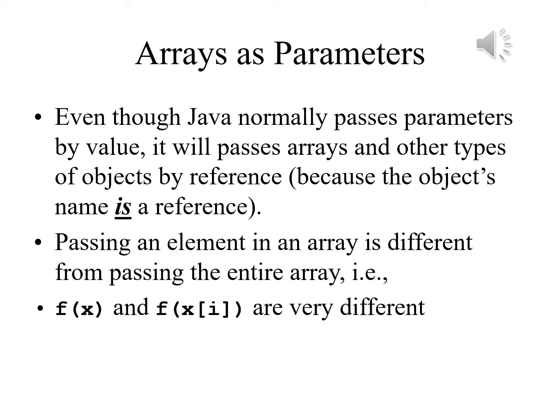The method being called can use any member of the array, and the changes that are made are seen by whatever is calling the method. On the other hand, x sub I is a single value, and f of x sub I will be used in the method f, but any changes made to it will not be known by whatever method called it.